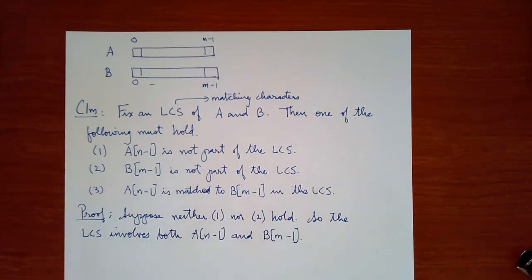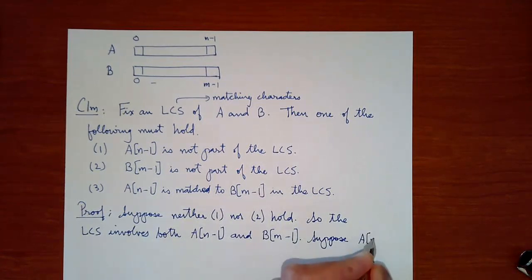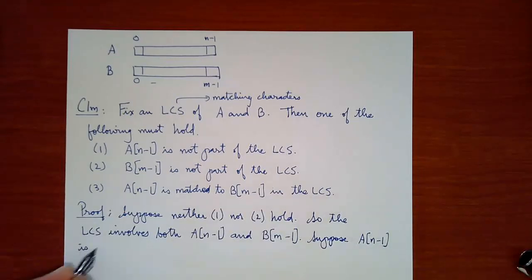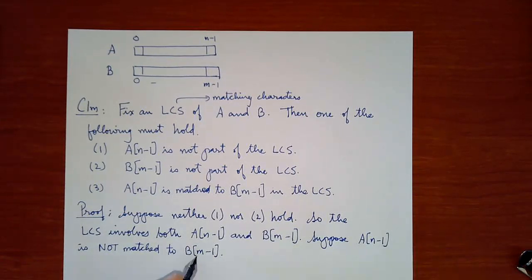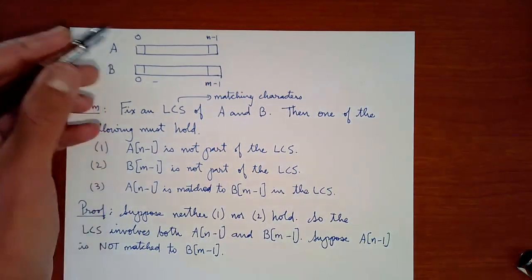Okay, let's just prove by contradiction. Now suppose A of n minus 1 is not matched to B of m minus 1.